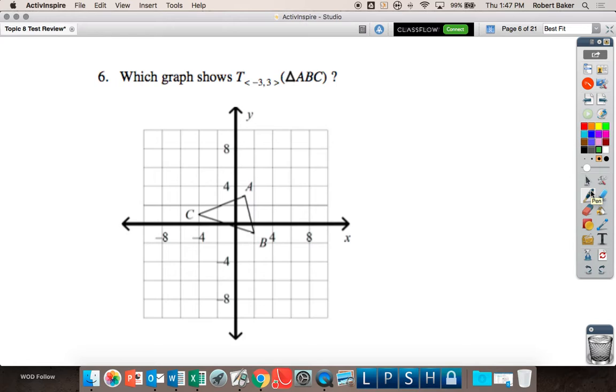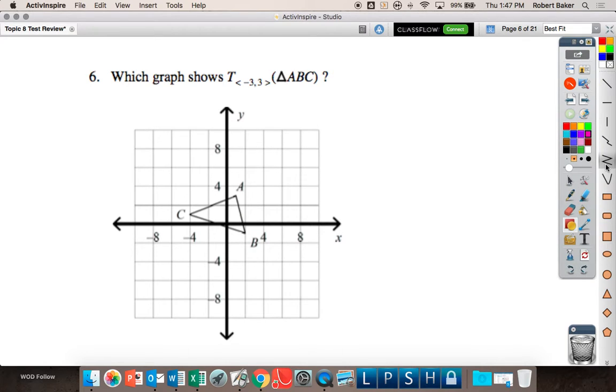Which graph shows T(-3, 3)? What are you looking for there? What has to happen for that rule to be true? What does -3, +3 mean?